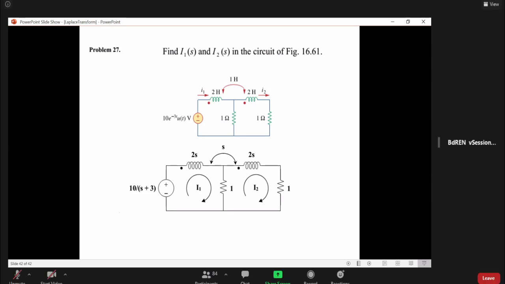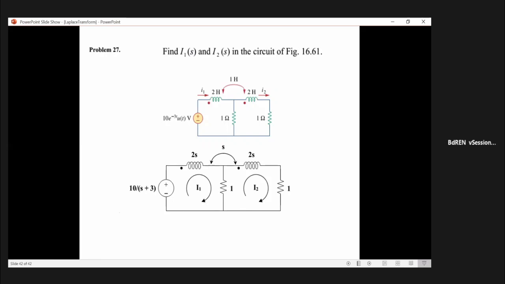Okay, then do you have experience of using coupled networks? Magnetically coupled? Yes, sir. Then you know how to handle it. The similar technique can be applied there. The only difference is that a mutual inductance will occur between two coils.